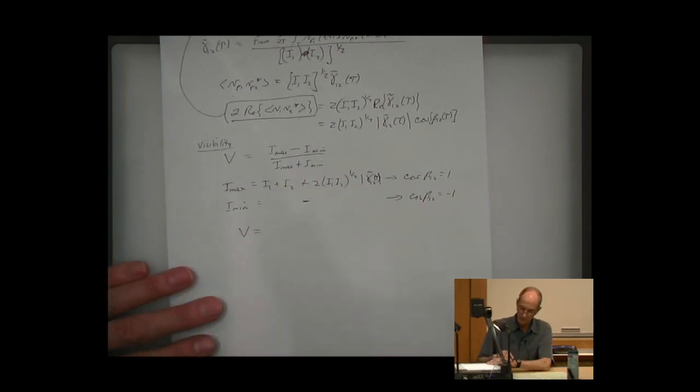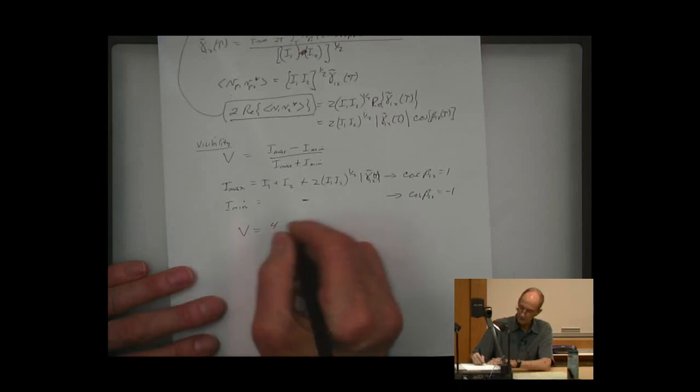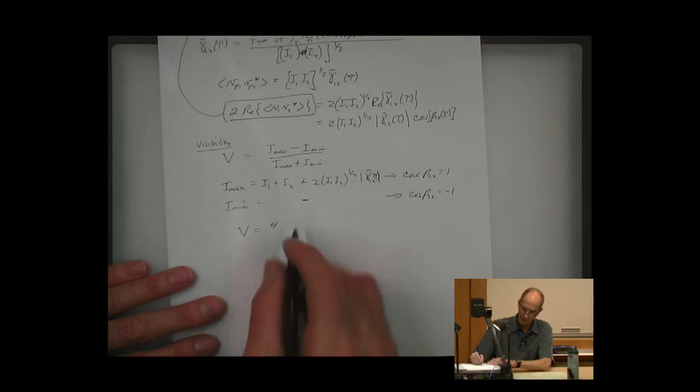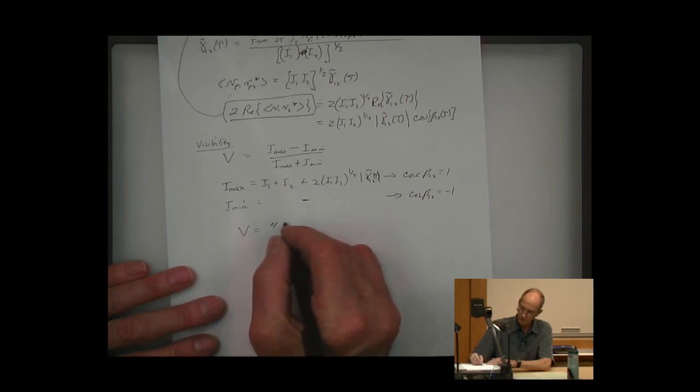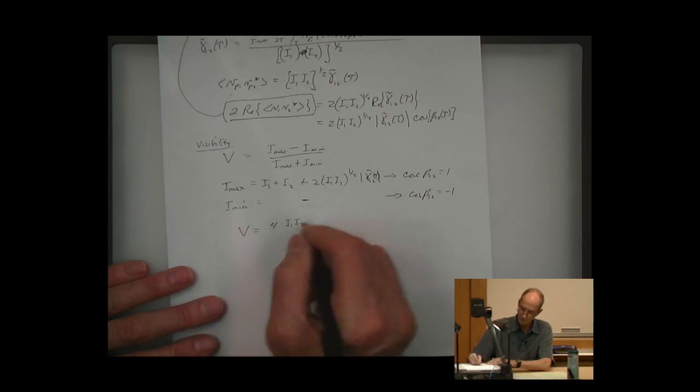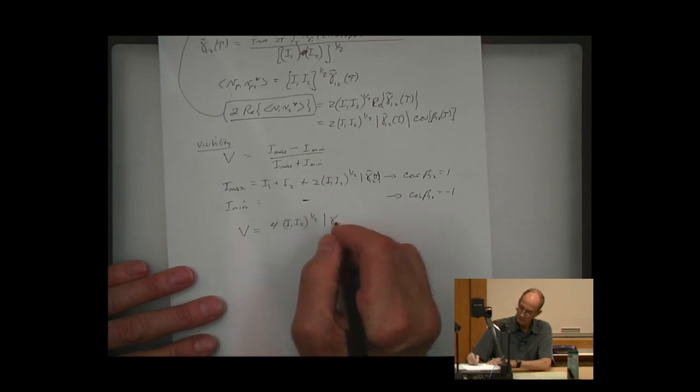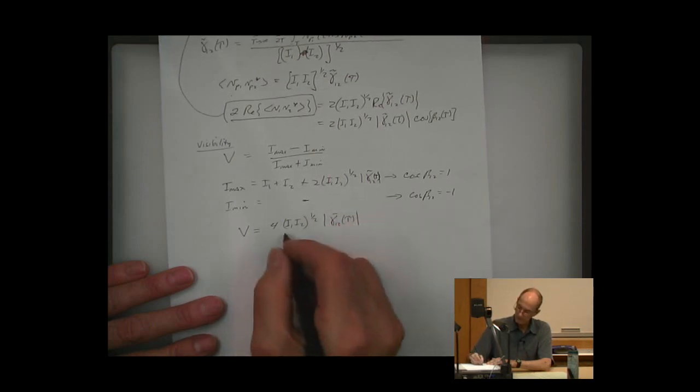So the visibility now is I max minus I min over I max plus I min. The I1 and I2 terms drop out in the numerator, and we end up with 4 times I1 I2 to the 1/2, and I'll be careful, gamma 1,2 of tau magnitude.